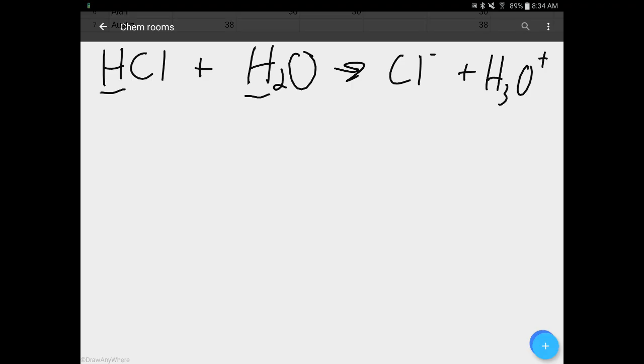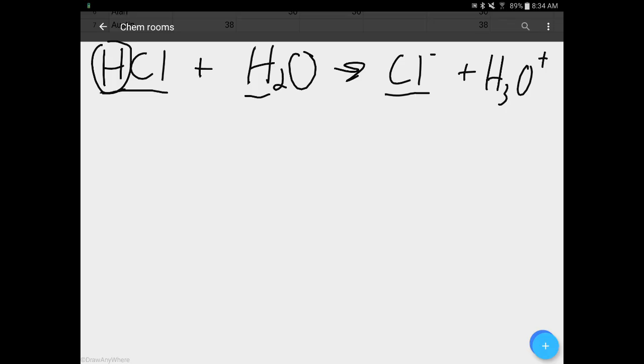So the best way to tell if something is an acid versus a base is to look at what they turn into. So HCl turns into Cl-. Now, how does it turn into Cl-? Well, it loses this H, and that H is also an H+.